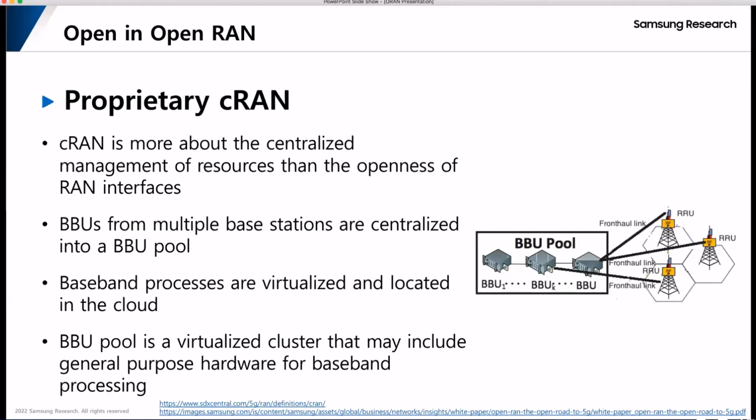It also enables energy efficient network operations and enhances overall network performance. One of the things about this though is that the CRAN software used for these BBUs can be proprietary, just like the vRAN. So it's also susceptible to vendor lock-in.